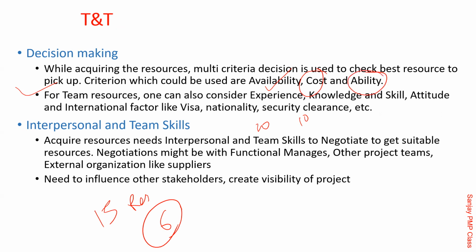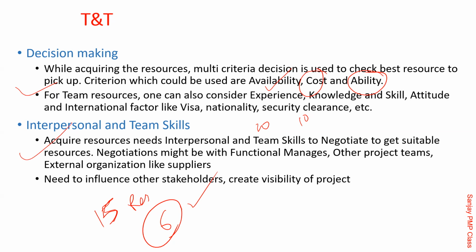Then ability or attitude, communication skill, technology skill, visa, all those things will get a weightage. Then you apply that weightage to all these 15 and say these are the top 6 I will use. So use a small single Excel spreadsheet, write the names of all those 15 people, give these criteria in the columns with the weightage, add everything up, and see which are the best 6 out of them. This is called multi-criteria.